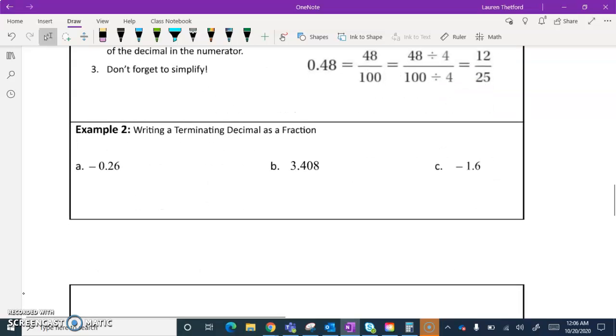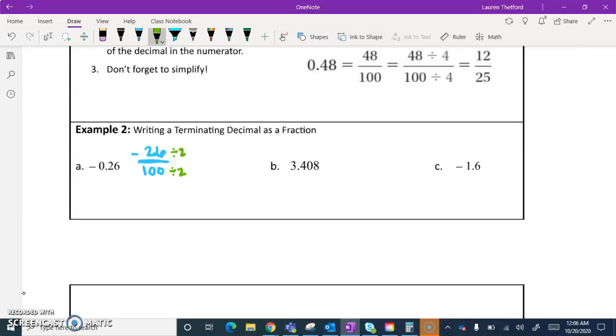So what I mean by that is we have negative 26 hundredths. 26 hundredths means that I'm going to write this as a fraction over 100. It was negative, and then 26 goes on top. So now the decimal is gone. Now I divide to simplify it. What number goes into 26 and goes into 100? I'm going to divide by 2 on top and bottom.